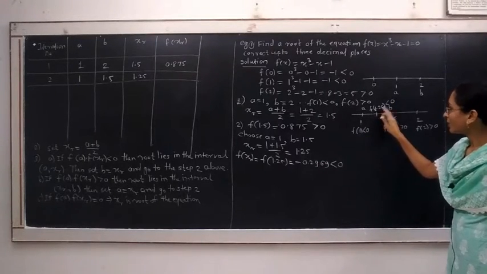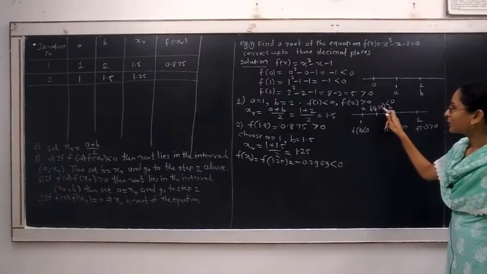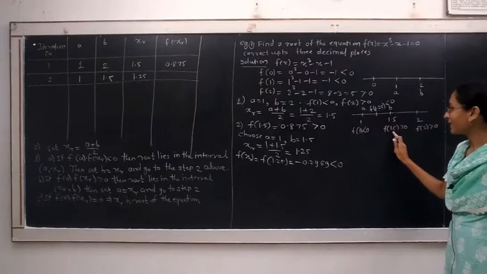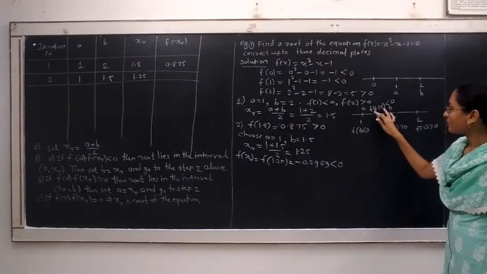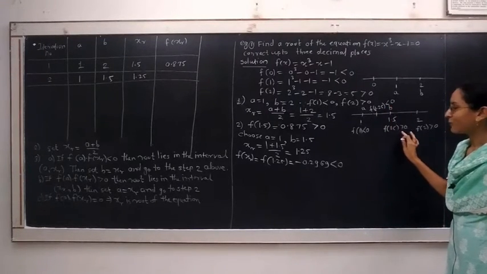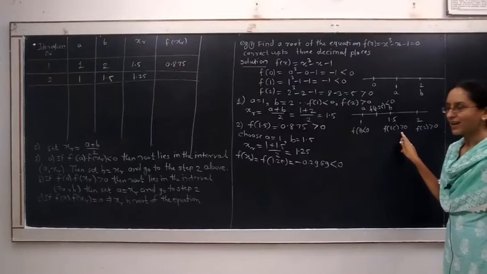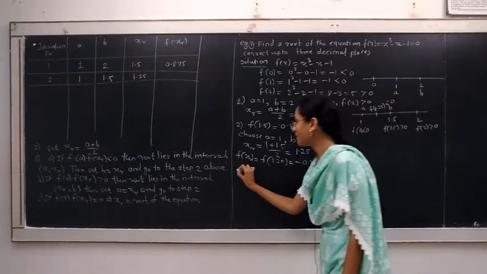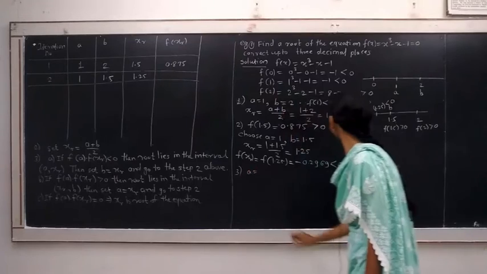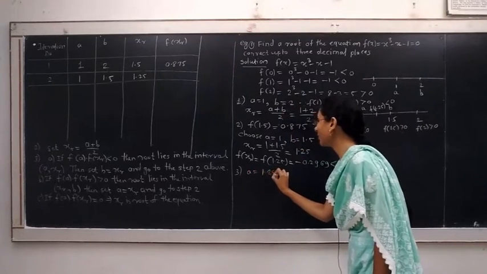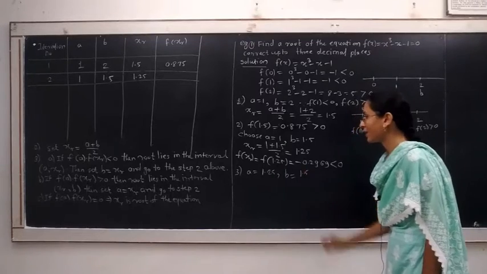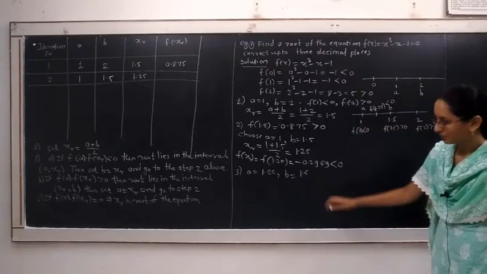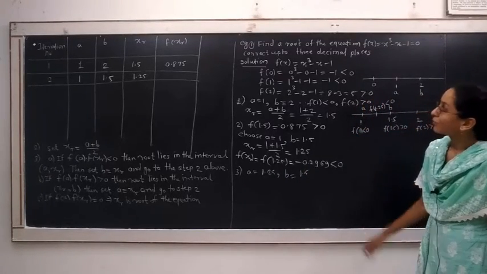We have to choose the value of a equal to 1.25 and b is equal to 1.5 for the next iteration, because f of 1.25 and f of 1.5 have distinct signs. In step number 3, we take a is equal to 1.25 and b is equal to 1.5, because they have different signs for the function f.